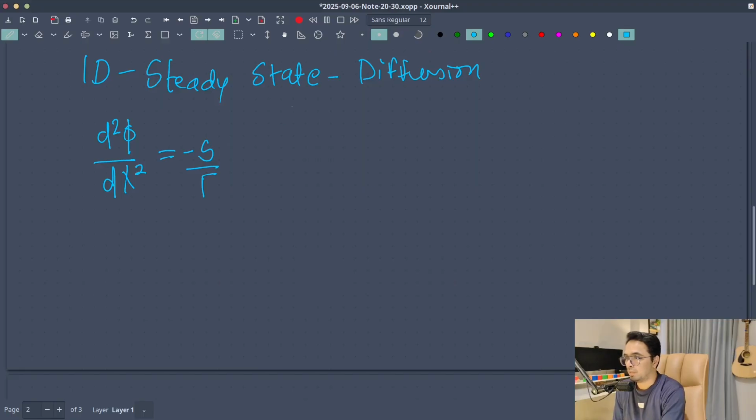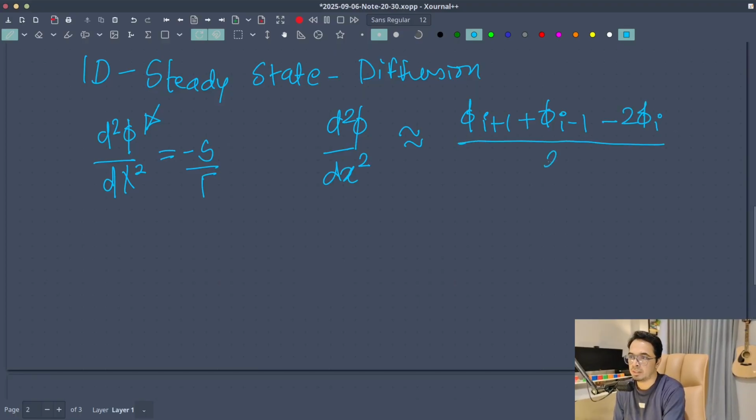And we know, based on the truncated Taylor series, how we can discretize this particular differential term. For d2 phi by dx square, I can write almost equal to phi I plus 1 plus phi I minus 1 minus 2 phi I divided by delta x square.